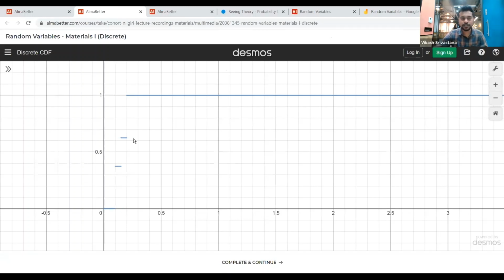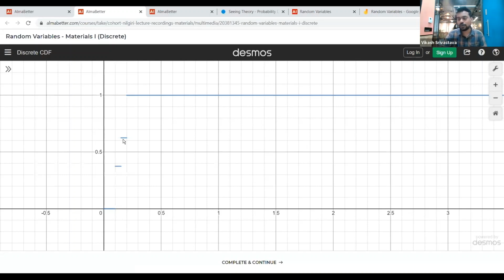So as you can see, if your X is between these two values, that is 0.15 and 0.2, and if you write a probability of X, let's say between 0.15 and 0.2, our cumulative probability will be defined by capital X less than or equal to that particular value.